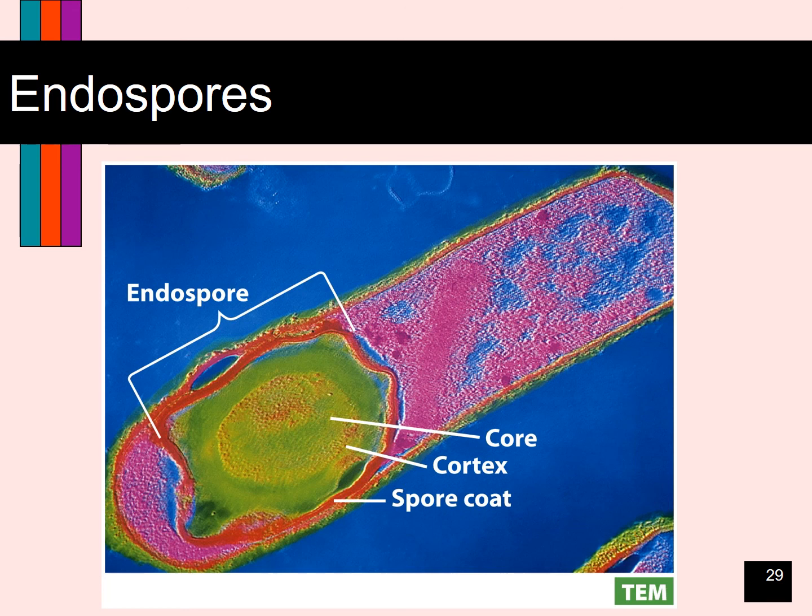You would have a thick layer of peptidoglycan put down. Outside the cortex would be the spore coat, which is made of a really strong keratin-like protein, like the keratin that makes up your fingernails. And so this whole structure is very resistant to harsh chemicals and disinfectants.